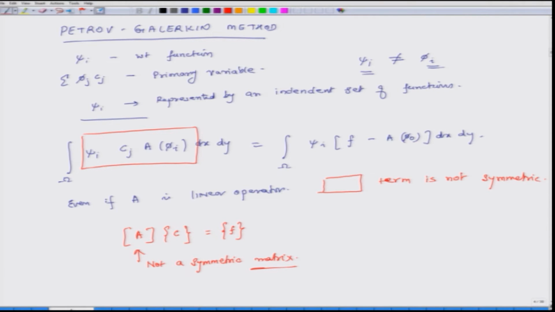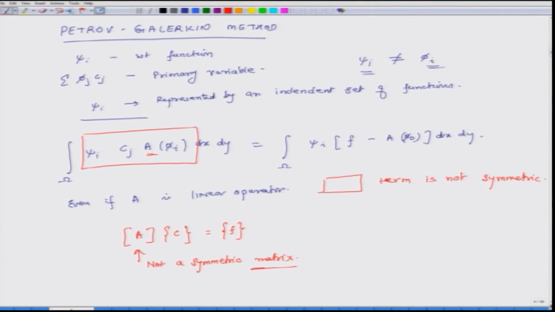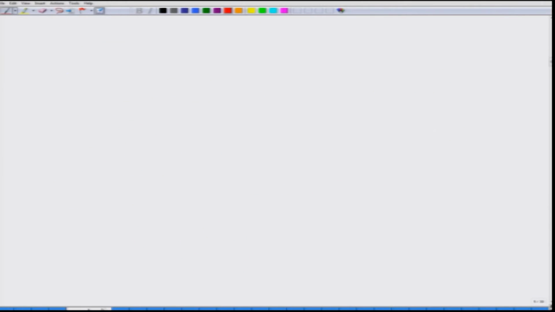If we want this matrix to be symmetric, and if we see that A is an operator which is of even order, second order, fourth order, then we can weaken the differentiability and then get a symmetric matrix. But if we keep it as is, then the A matrix will not be symmetric. So, this is all about the Petrov-Galerkin method.